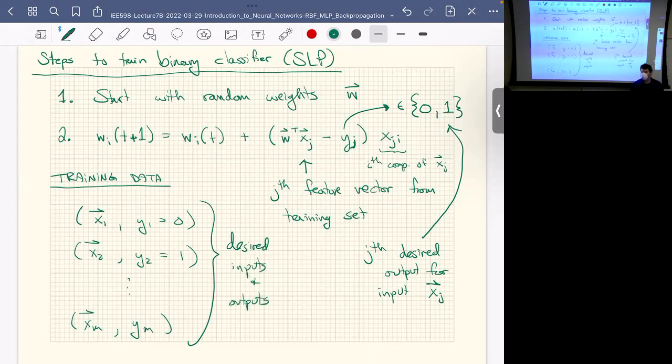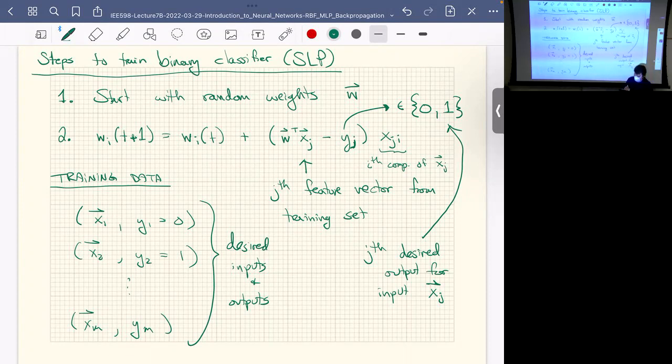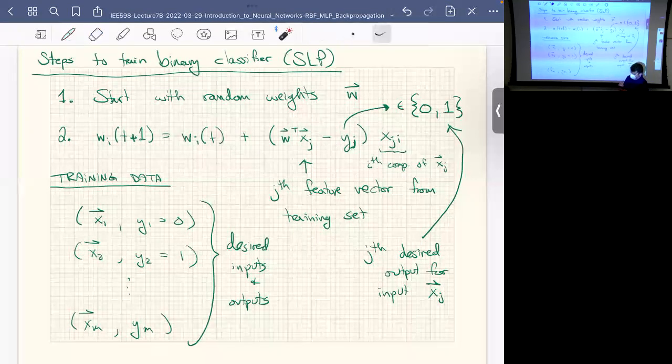In this really simple training process, the order doesn't really matter too much because of the linearity, but basically we're going to iterate through every weight and every component of every feature vector in our training set, and we're going to calculate what is effectively a type of error. So this is sort of an error function.